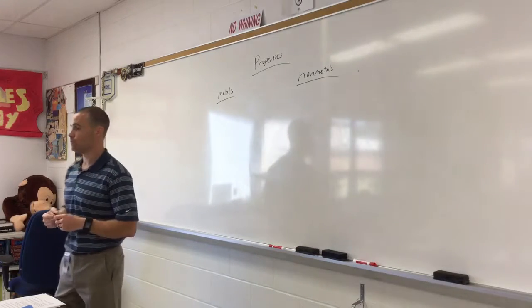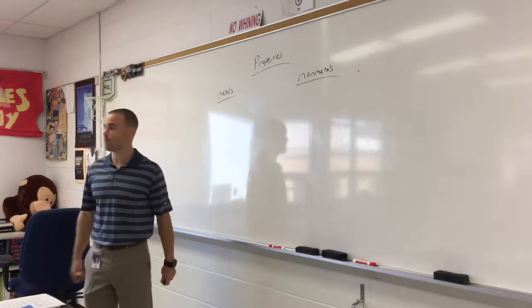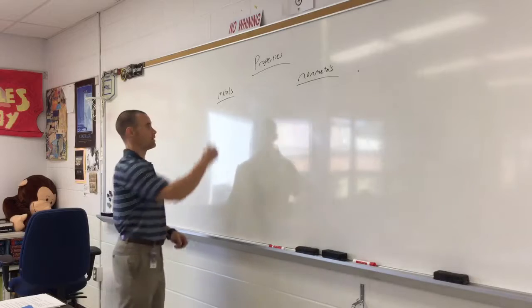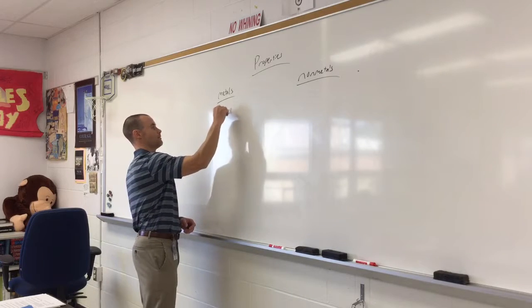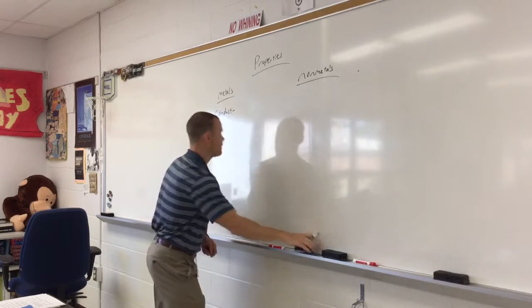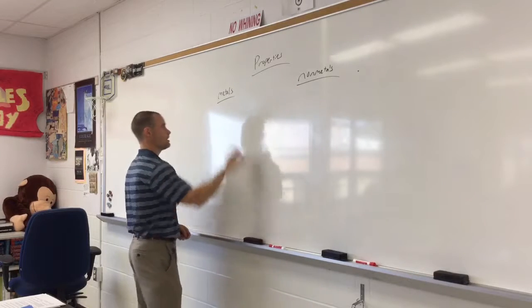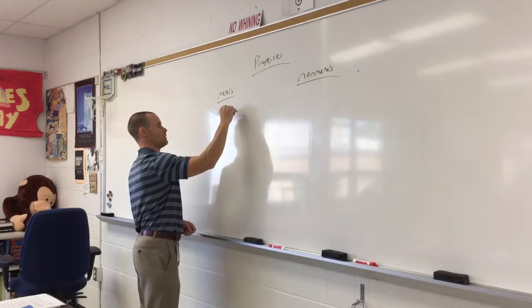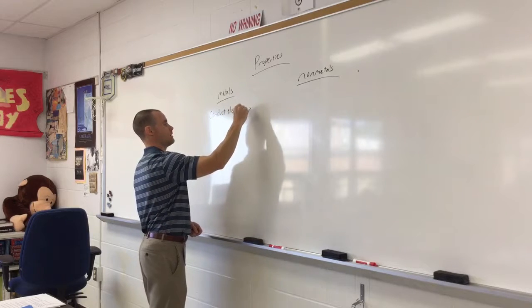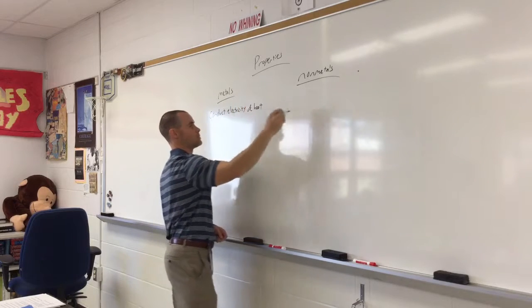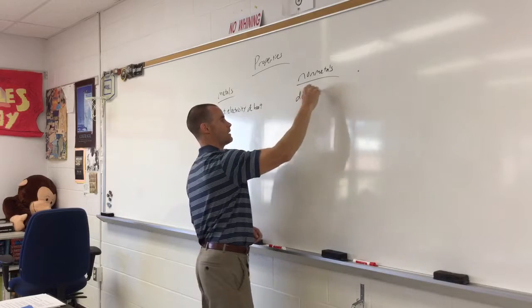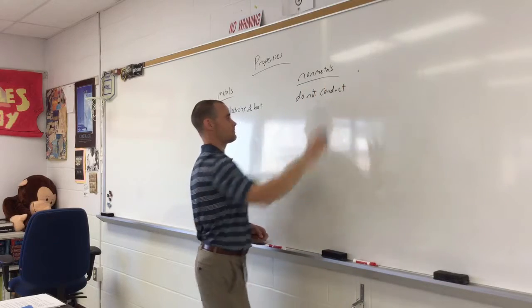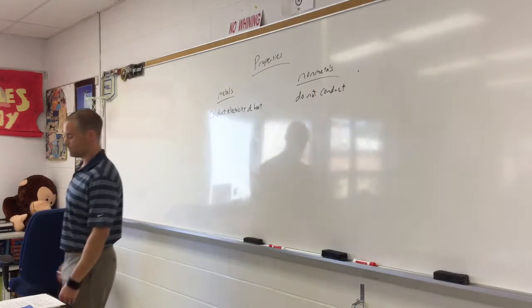What can metals do? Or give me a property of metals. Conduct electricity. They conduct electricity and what? Heat. Yeah. They conduct electricity and heat. And guess what? Nonmetals do not conduct. What else did he say?